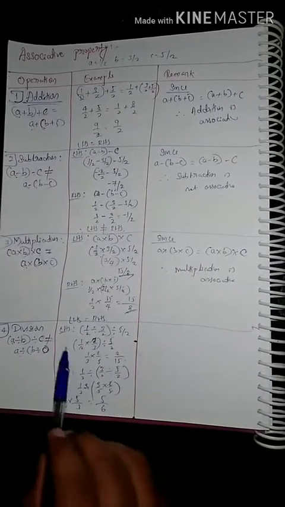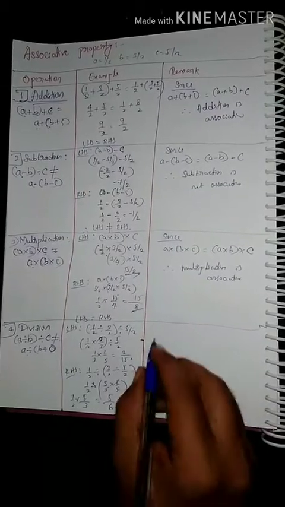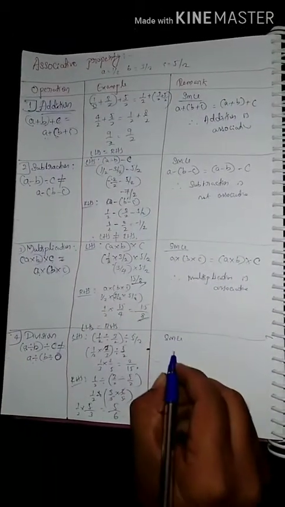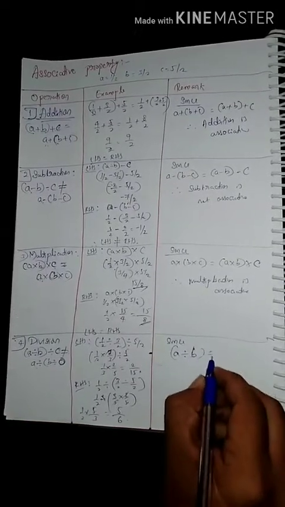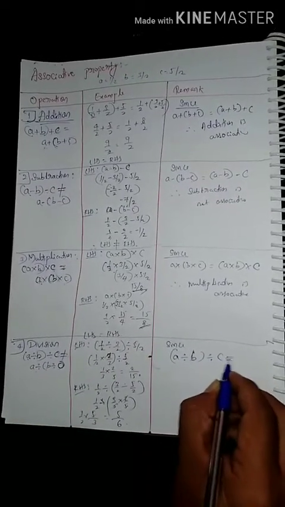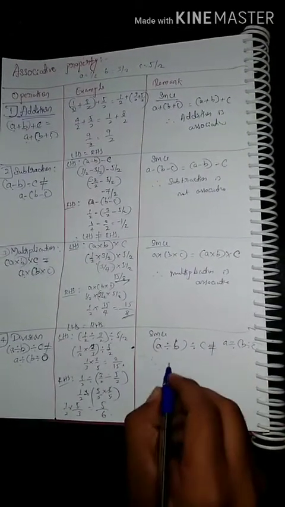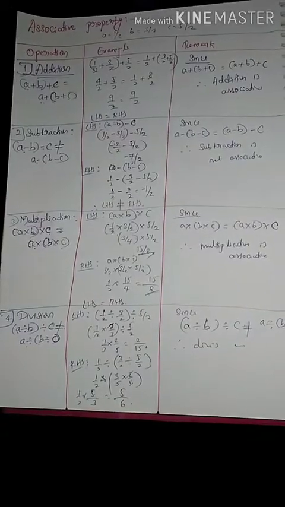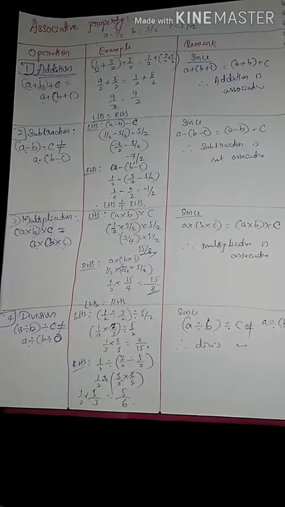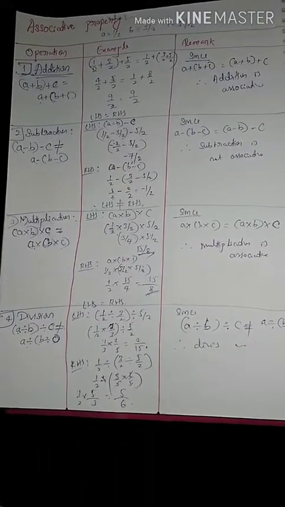Yes, see here, LHS is 2 by 15 but RHS is 5 by 6. Therefore, since A divided by B divided by C is not equal to A divided by the quotient of B and C, division is not associative. So associativity is always possible for addition and multiplication but not for subtraction and division.